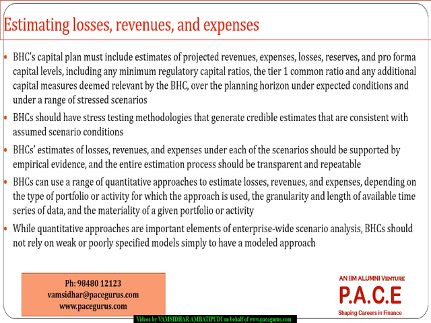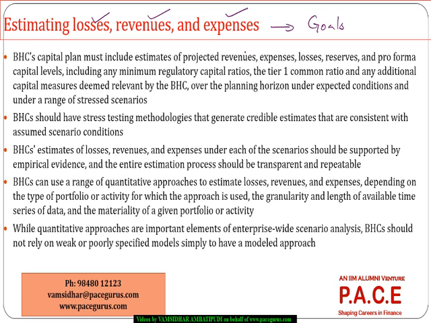Then, coming to the procedure for estimating losses, revenues and expenses. Right, we have already said that they are to be in line with the goals of the company. So there should be clear-cut procedures as part of the capital plan of the BHC.